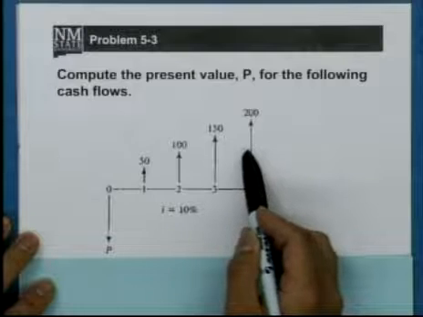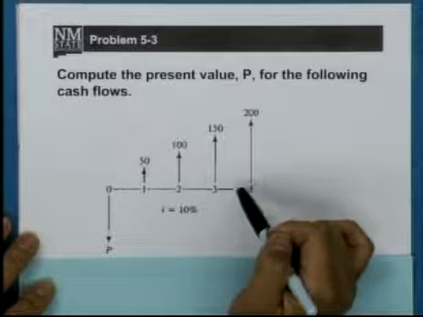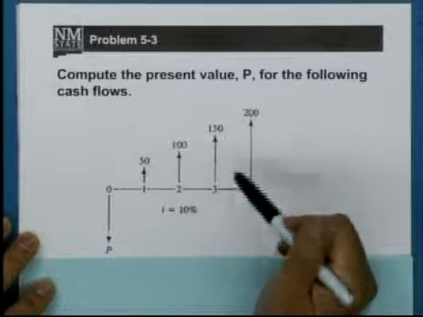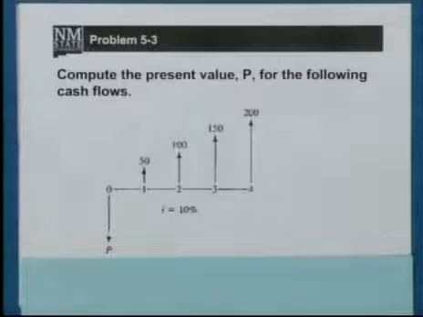So in that case, this given cash flow can be broken down into two components: one for a uniform annual series and another for an arithmetic gradient series. That's what we've done many times in chapter 4, right?